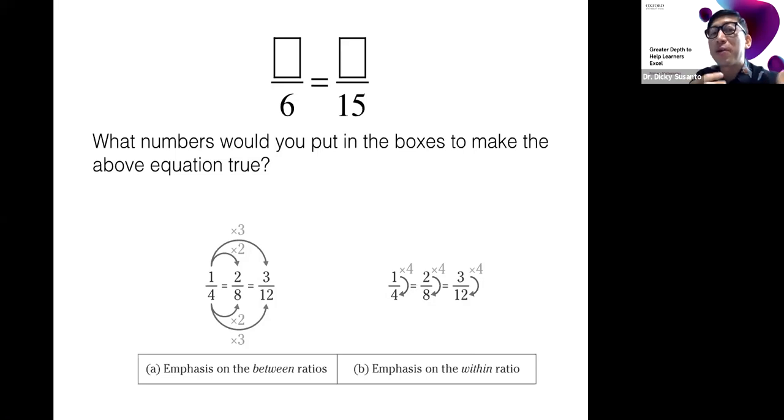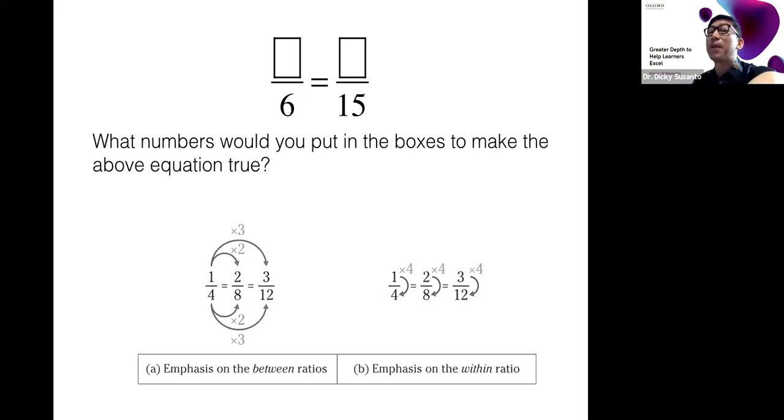But if you build their understanding, remember earlier I mentioned there is a between ratio, so you're looking across, but also you're looking at the within ratio. So instead of thinking across, I can also think about 6 and 15 having a common factor of 3. If I divide 6 by 3, I get the numerator 3.